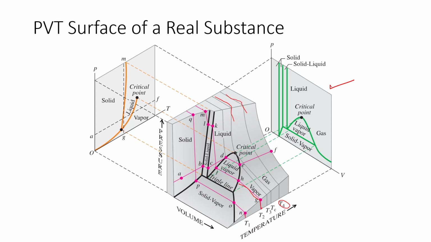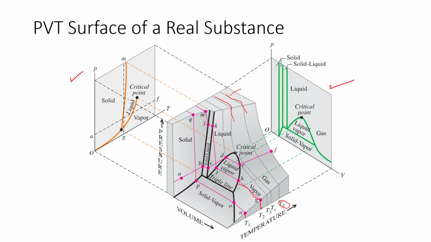Likewise, if you just squeeze this left and right into a single plane, then you get this kind of diagram, which is the PT diagram. Or if you want, you can also consider this to be a section of this plane along this line.